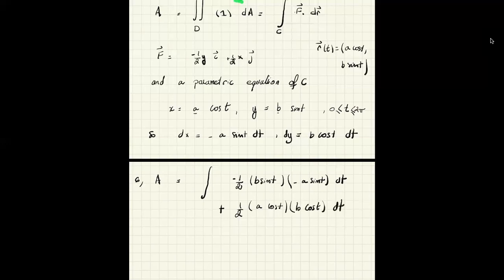And then I'm integrating from 0 to 2 pi. Okay, it's not hard, you just have to make sure you're not making any mistake.